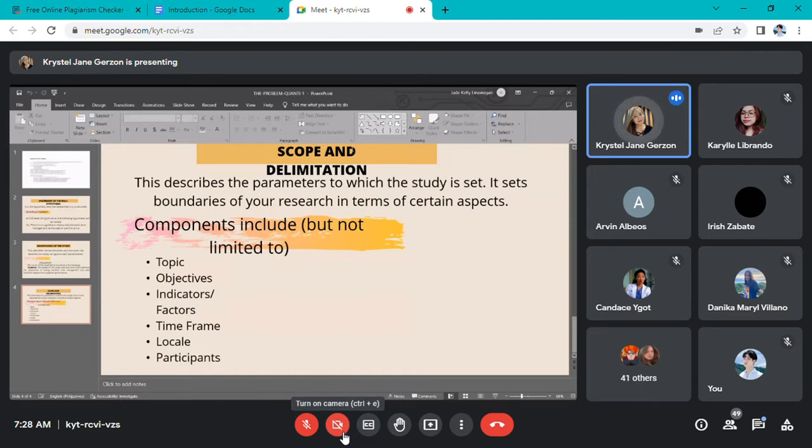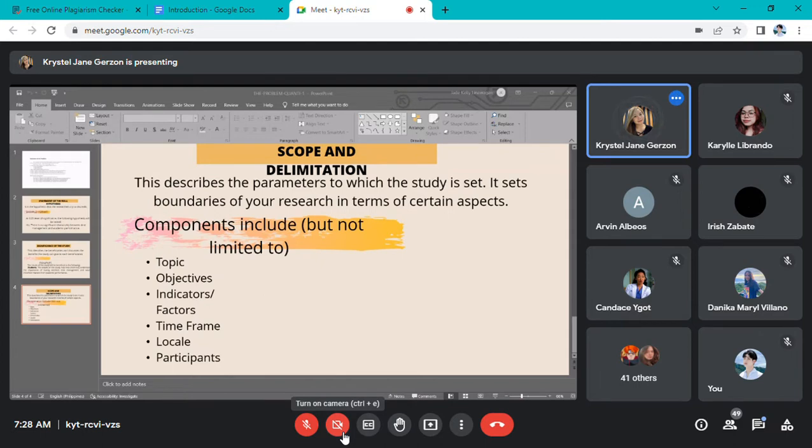Now, part of the discussion, if you still remember, guys, in the scope and delimitation, is also the explanation. Let's say for example, there will be limitations, for example, your study will only focus on STEM students.